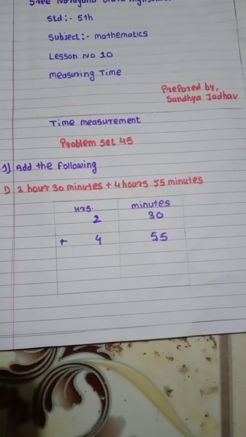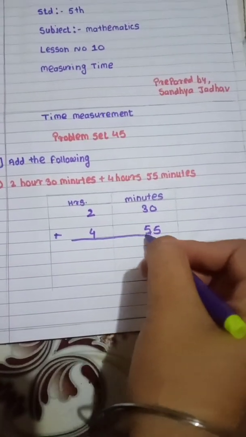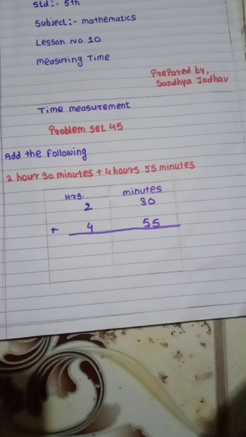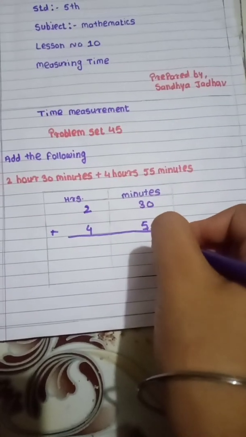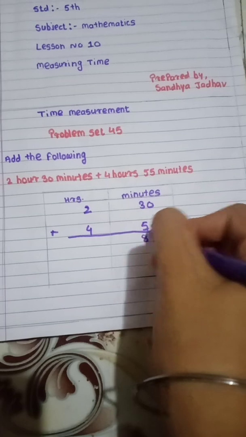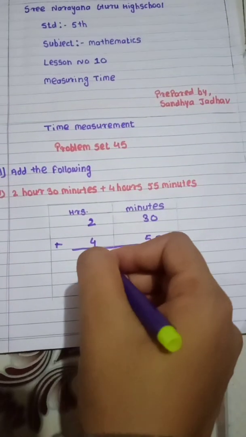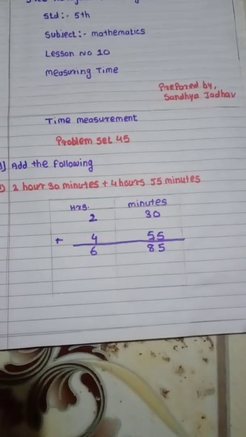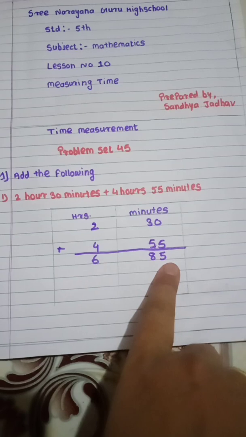Now I am going to add it. So how to do this? It's very easy. 30 plus 55. So 5 plus 0 is 5 and 5 plus 3 is 8. Okay. And 2 plus 4 is 6. Now here I got the answer 6 hours 85 minutes.